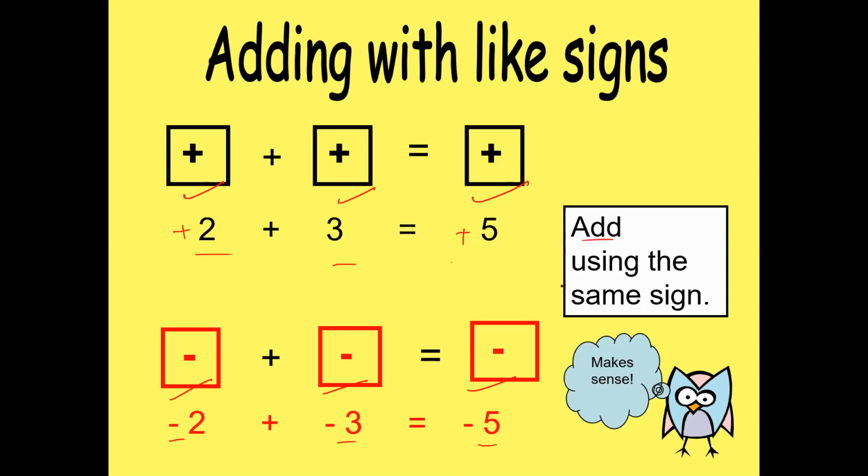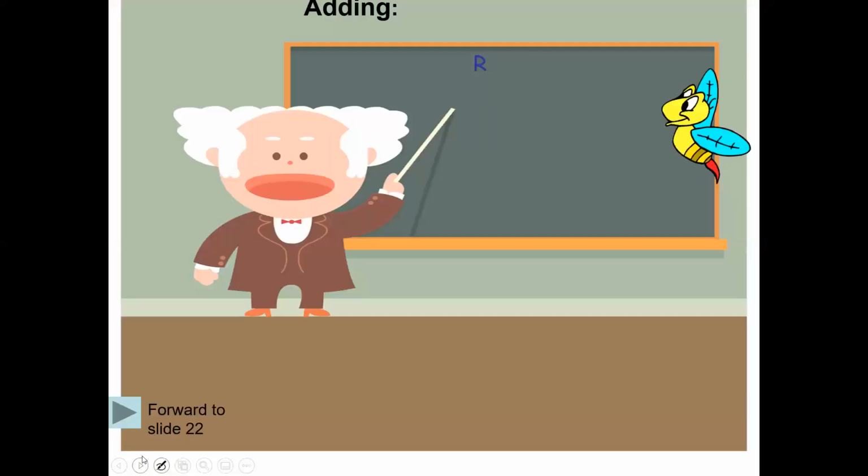Okay, add using the same sign. What does it mean? It means that we have to add the numbers using the same sign, but only when the numbers have same sign or like signs. Okay, next, rule number 2.